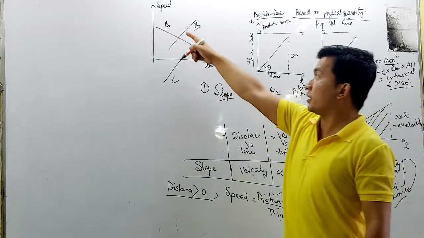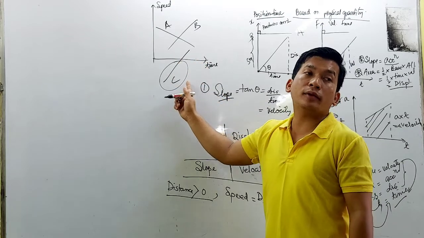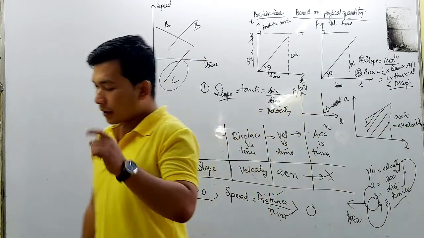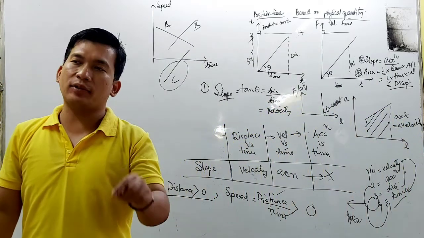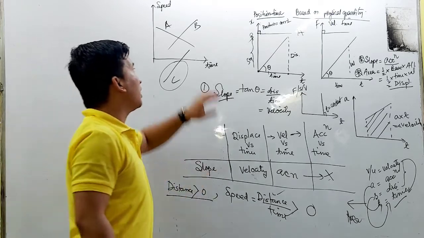Why? In this section of graph C, our speed is negative. A speed-time graph must always be in the positive axis, in the first quadrant.